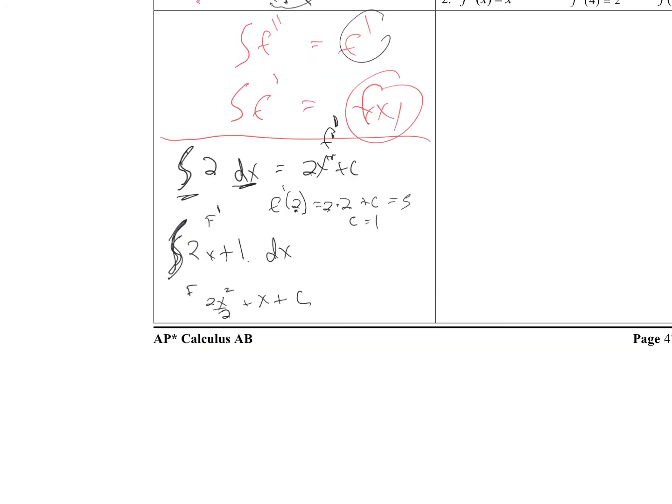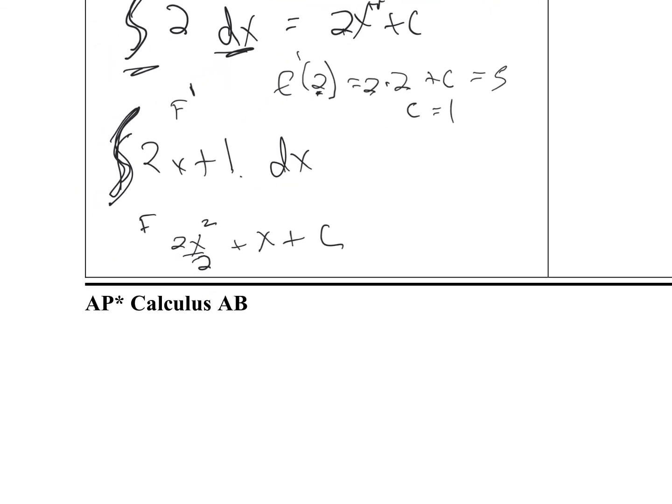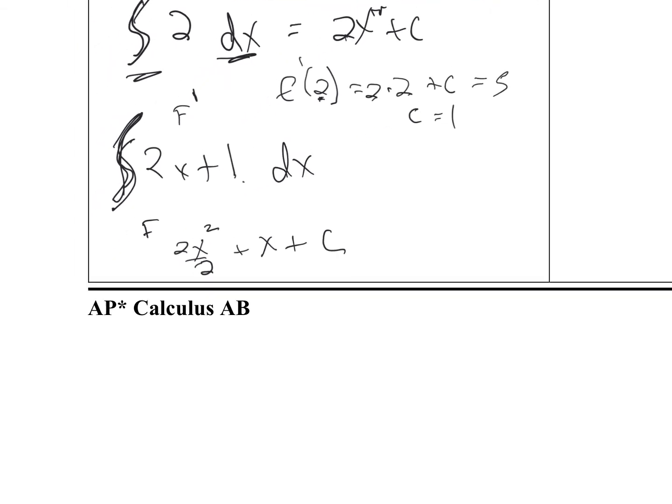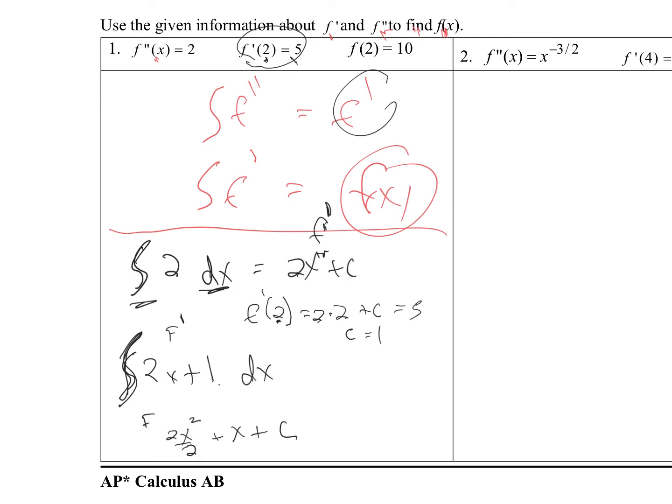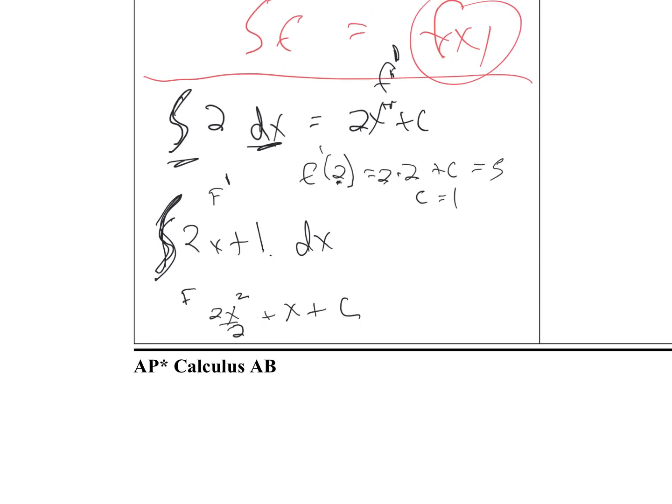Oh, sorry. We've got to find f. Well, I have f, but it has a constant in it. Did he give me any information about f? He certainly did. Wait, how did you get c, the constant, equal to 1? The integral of 1 became x. You always have a plus c.